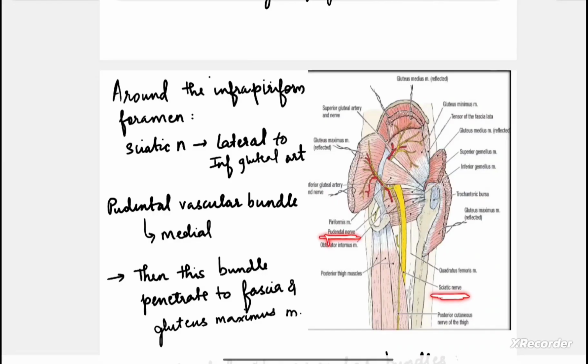This is the pudendal nerve. Inferior gluteal artery and nerve. These are the regions. The pudendal vascular bundle is medial, and the sciatic nerve is lateral to the inferior gluteal artery.